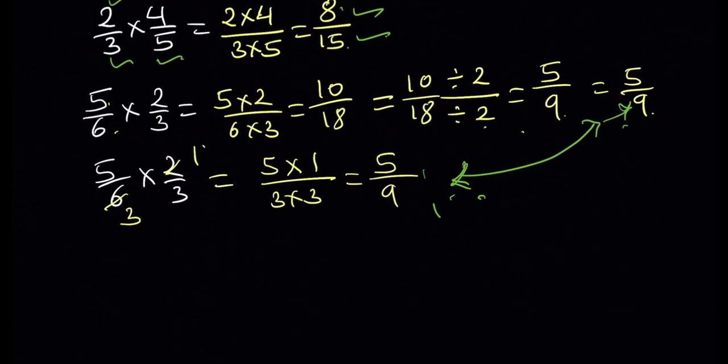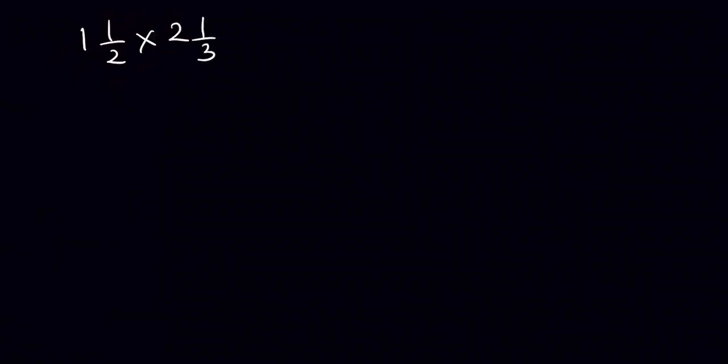Let's take one more example of mixed fractions. I will write here 1 1 by 2 into 2 1 by 3. Here, first we convert the mixed fractions into improper fractions. Let me convert.